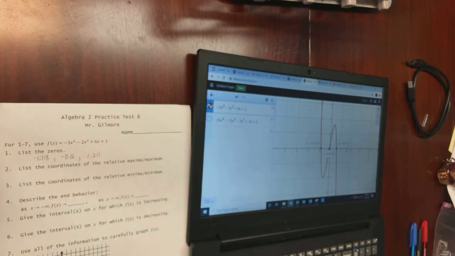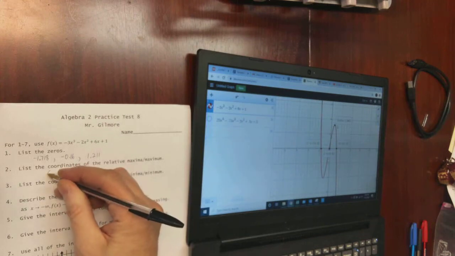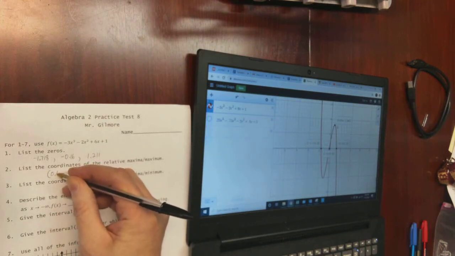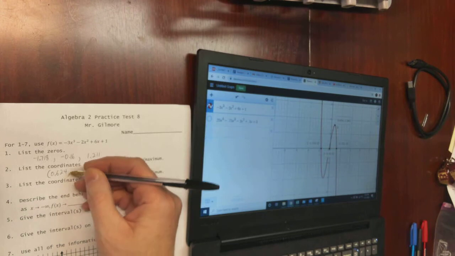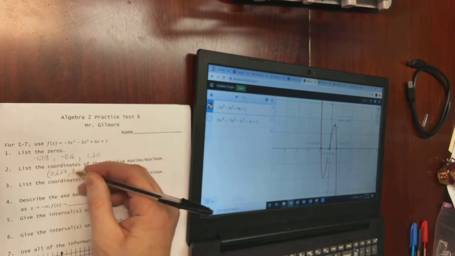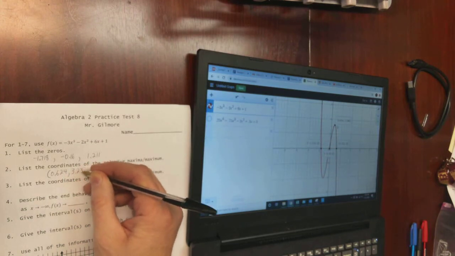All right, there's our zeros. We have a maximum right up here, and that point is 0.624, and 3.236 is the y-coordinate.